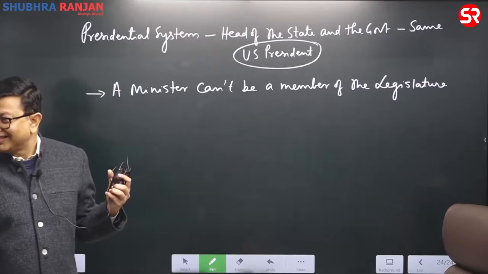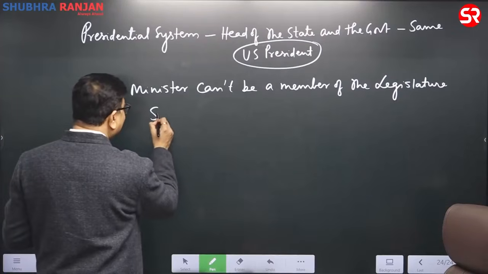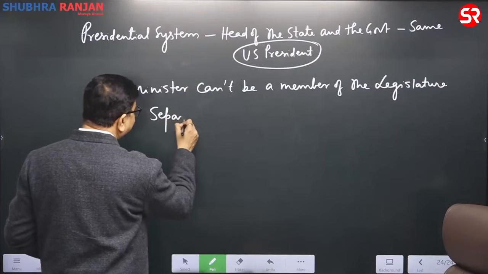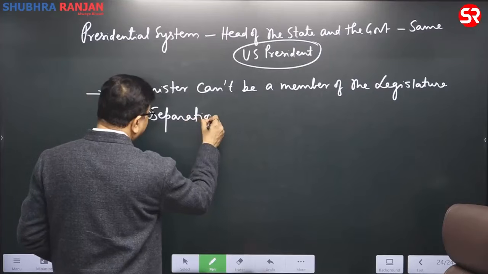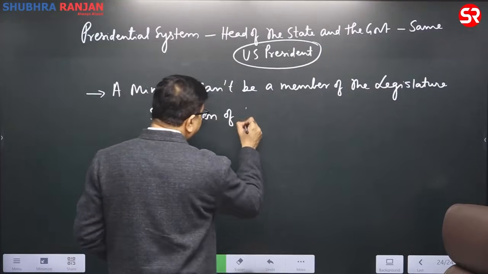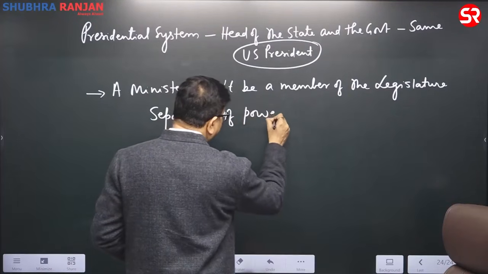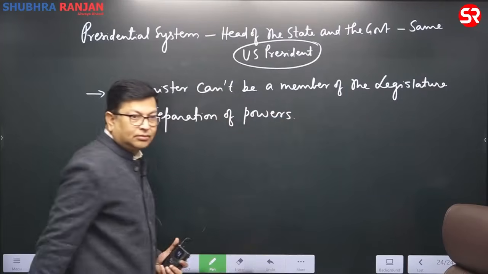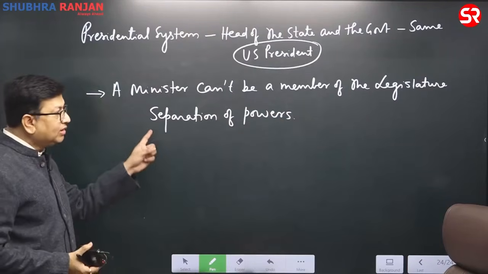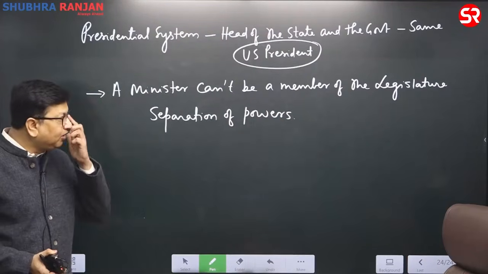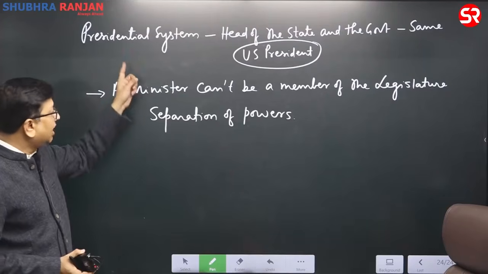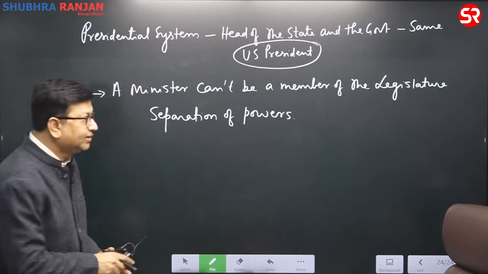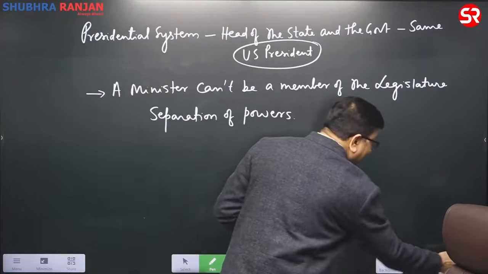Clear-cut separation of powers. So there is separation of powers. Now, before I discuss with you this concept of separation of powers from the prelims point of view, I'll just tell you how the presidential system really works with the help of an illustration.